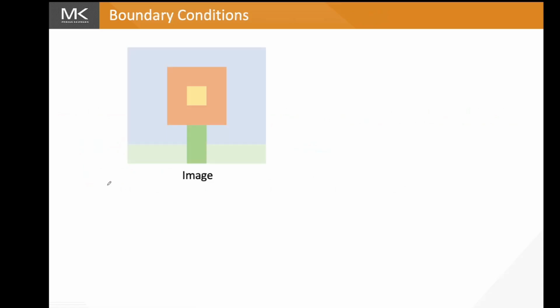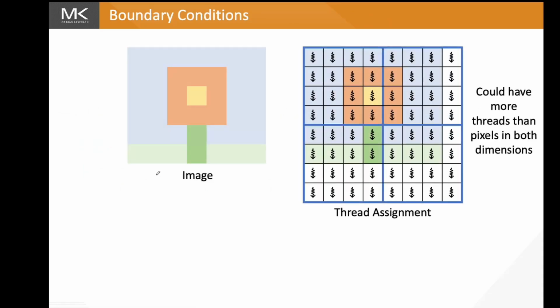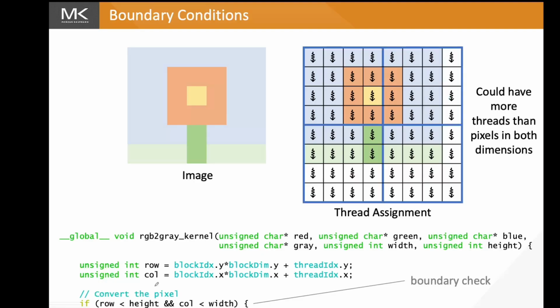Okay, similarly, the number of threads per block might not fit the number of pixels in the image. So what we need to do is to have this boundary condition. We just need to use this if statement, where the global row and the global column should be smaller than the height and width respectively.